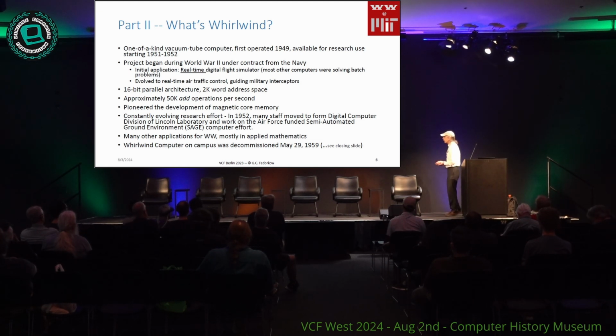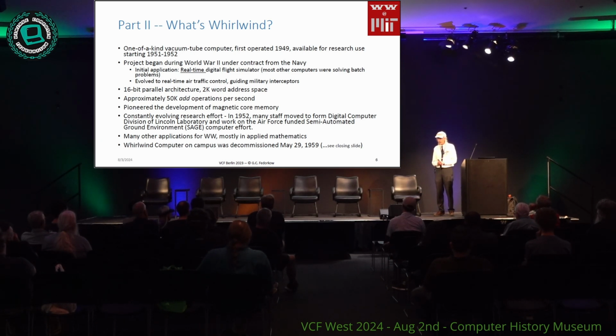The machine itself is a 16-bit parallel architecture. This was at a time when everyone else was doing serial machines, with an architectural address space of 2,000 words. They could do about 50,000 adds per second, which was way faster than anyone else.